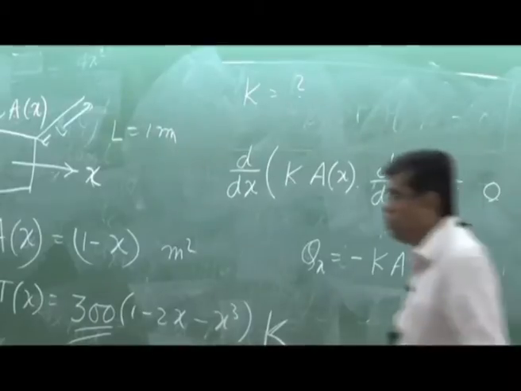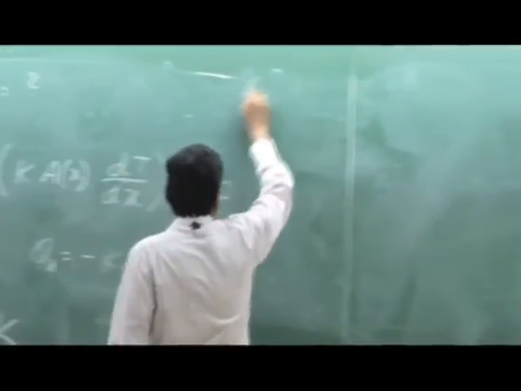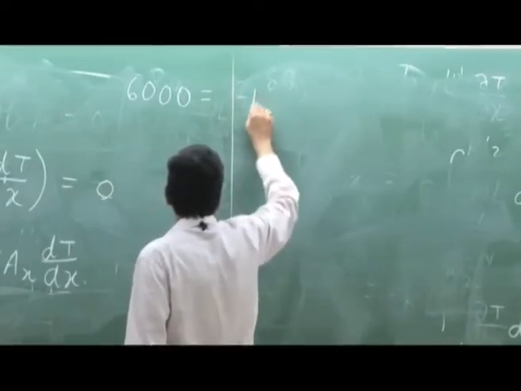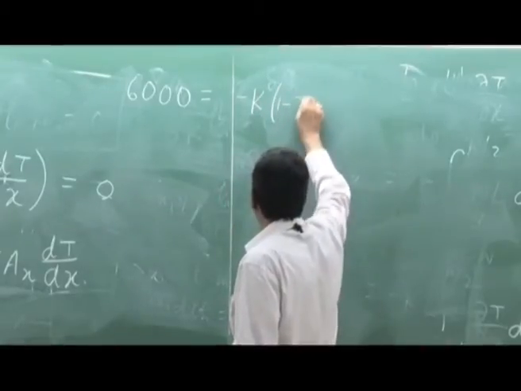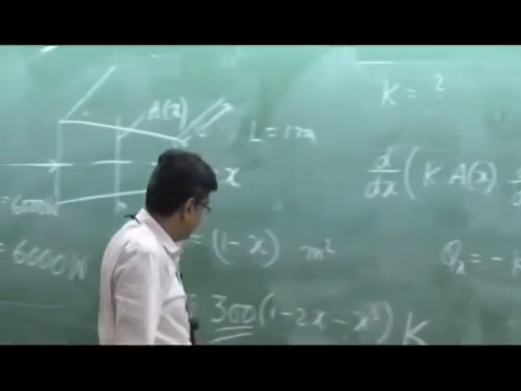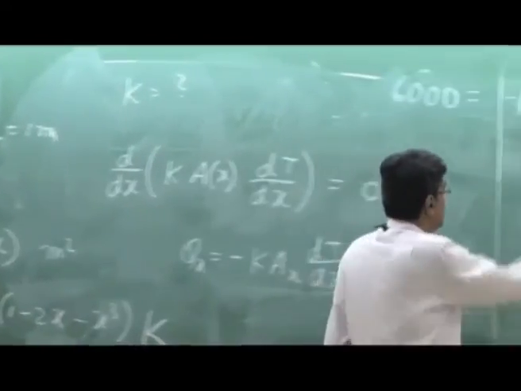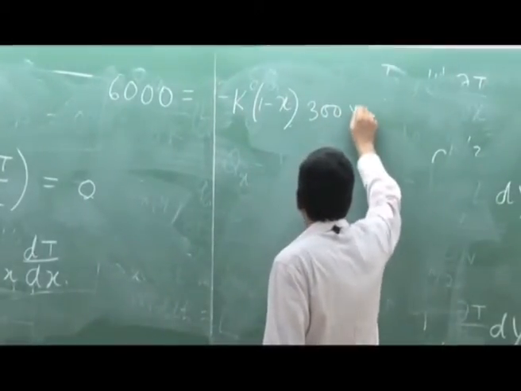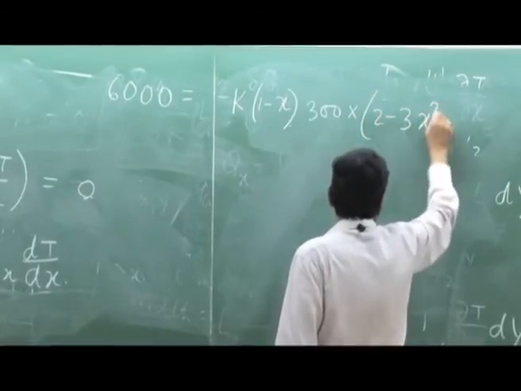So what we will do? We will write the given value, 6000 watt. That means 6000 is equal to minus K into A. A is what? 1 minus x, into dT/dx. That means 300 into minus 2 minus 3x square.